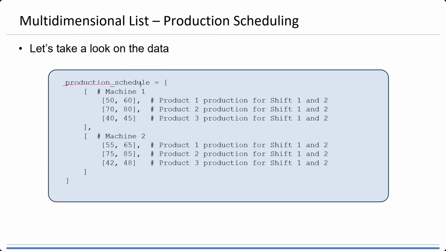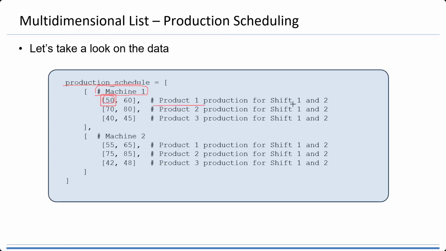Now let's suppose I'm making the production schedule just like this one. Machine 1, I'm going to set up the schedule. This is the schedule for product 1.